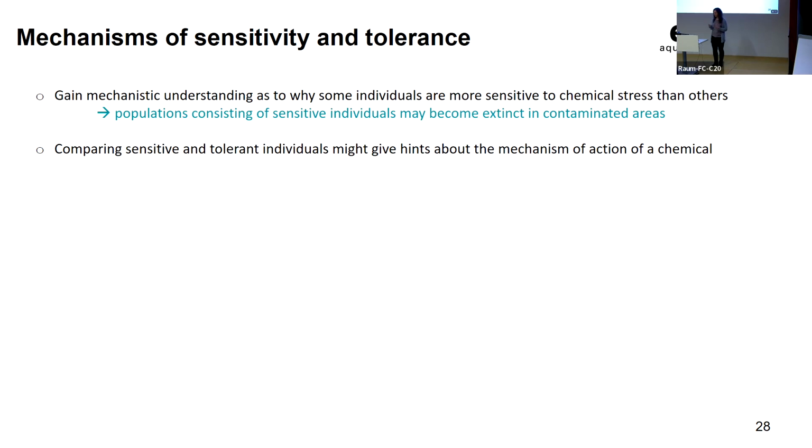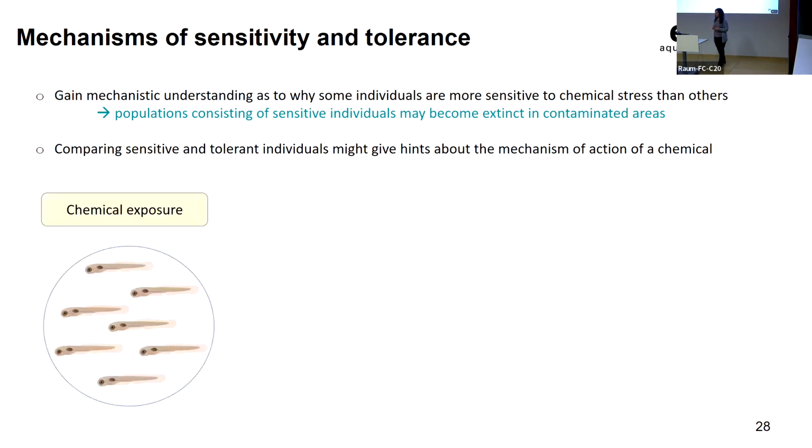And populations that consist of sensitive individuals actually have a high potential to become extinct in contaminated areas. We were also thinking that comparing sensitive versus tolerant individuals might give us indications about the mechanism of action of a chemical. So we followed this procedure here.